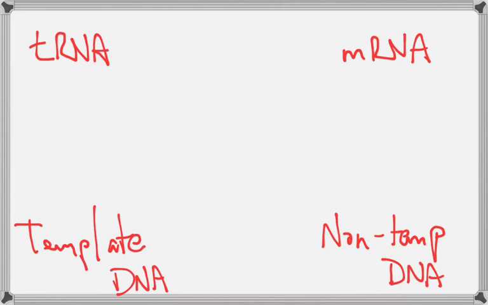Okay? RNA polymerase is coming along. What is the mRNA sequence going to look like? Okay, U, G, A, U, C. What am I missing? Thank you. I'm missing the 5' and 3'.